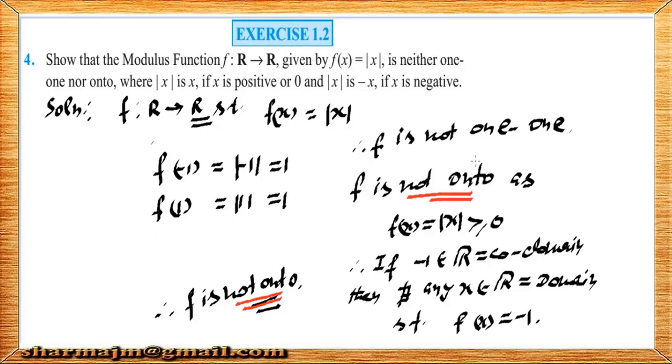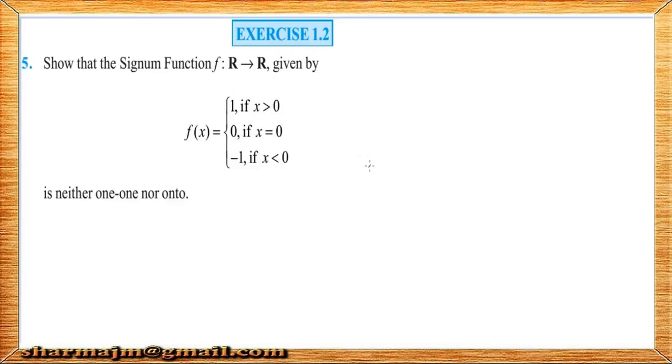So this function is not onto and here not 1 1. Next question. Now question number 5. Here f is a function from the set of real numbers to real numbers given by f of x is equal to 1 if x is positive, f of x is equal to 0 if x is 0, and f of x is minus 1 if x is less than 0.